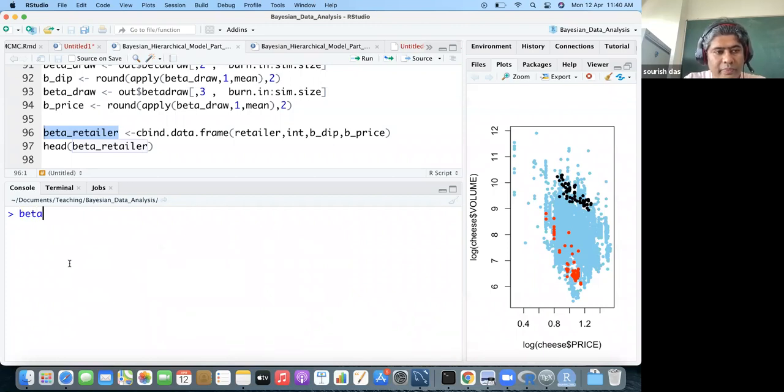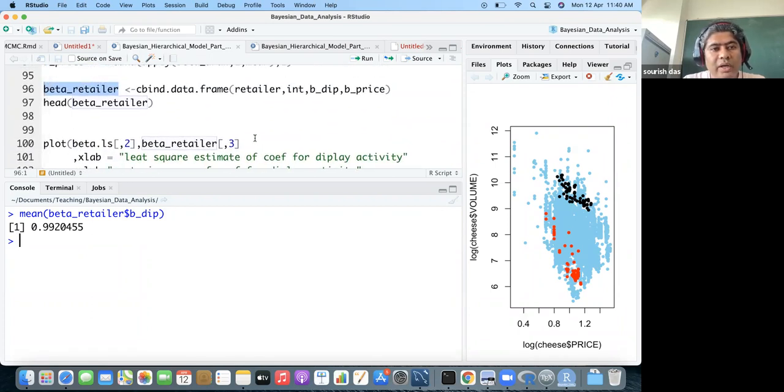My guess is it will be very close to the average of the beta retailer. If you take the average of that, it is 0.99, which means near 1.